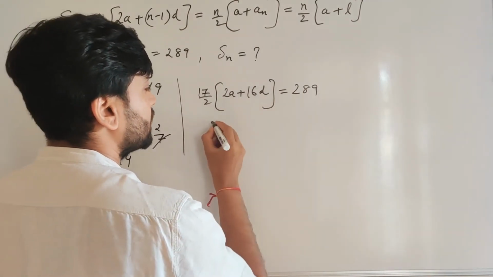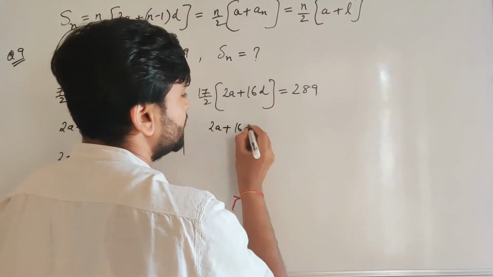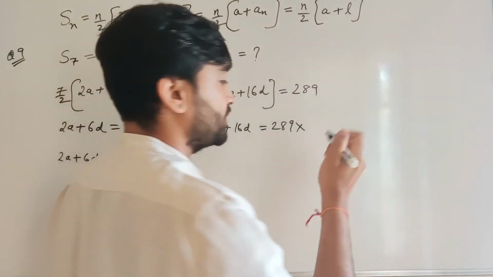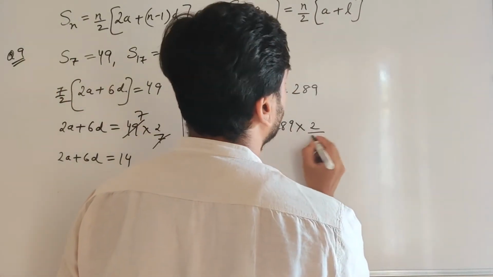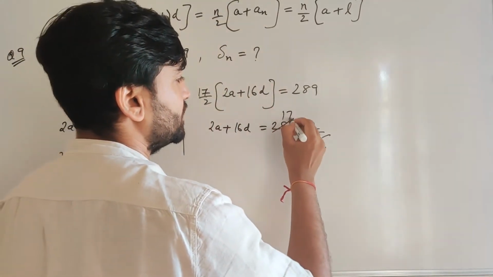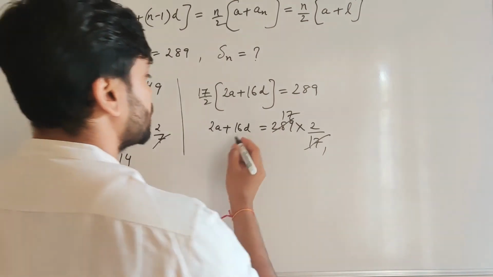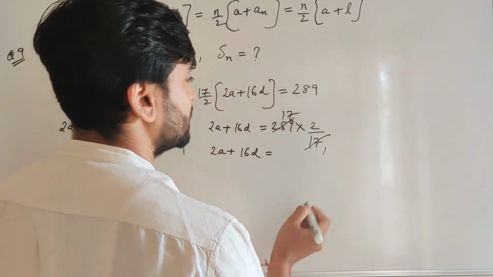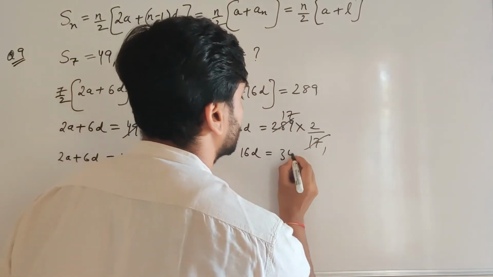You're left with 2a plus 16d is equal to 289 into 2 by 17. So 17 ones are 17, 17 into 17 is 289. So what do you get here? 2a plus 16d is 17 into 2, 34.